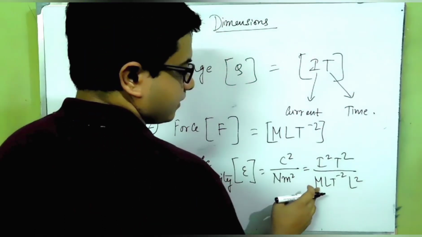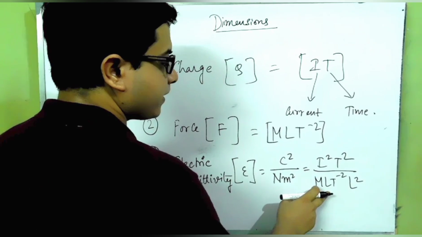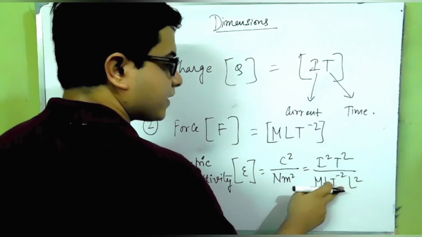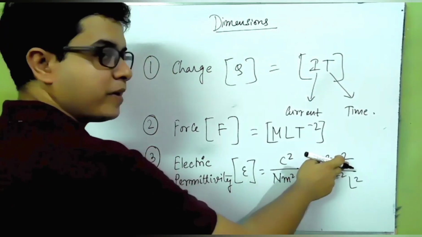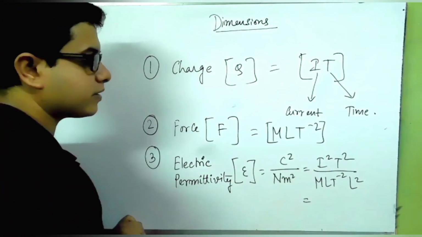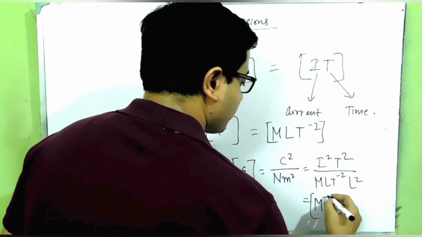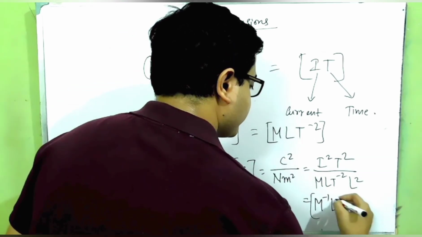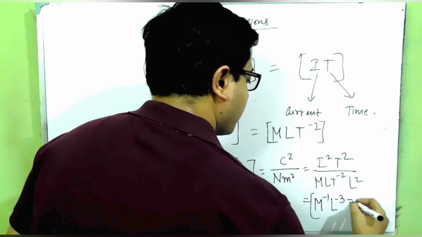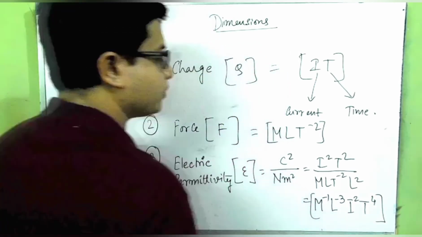So see, there is one m in the denominator, L cube in the denominator, t to the power minus 2 in the denominator, and t square and I square in the numerator. All the calculations end up that the dimension is actually m to the power minus 1, L to the power minus 3, I square t to the power 4.